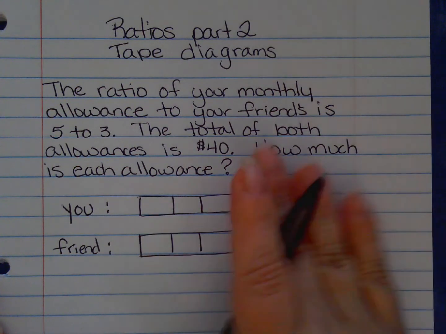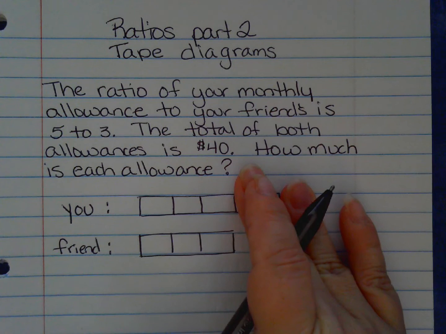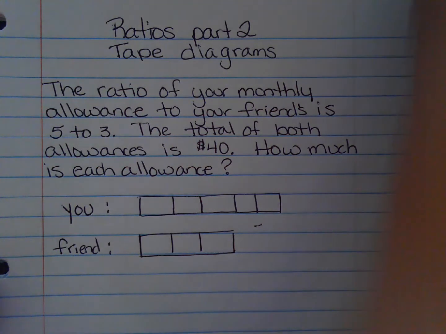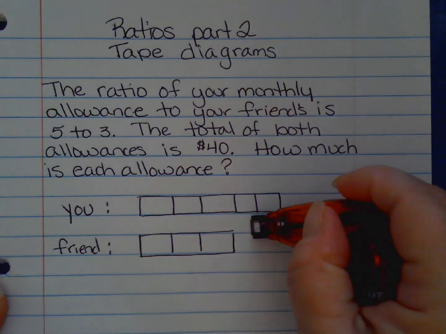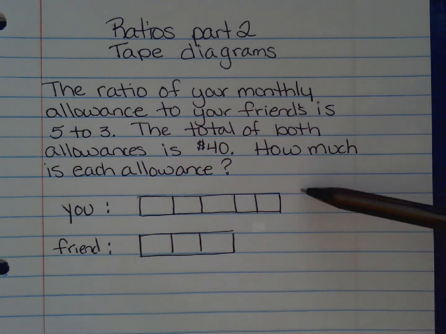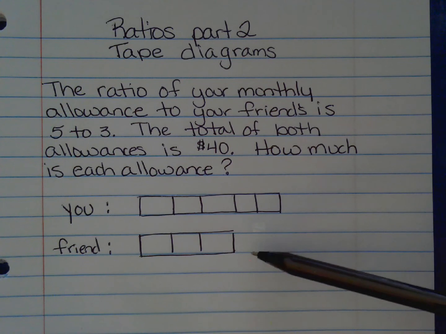I did that because see how it matches up to mine? Or yours, however you want to say it. All right, so now we have a tape diagram that represents you and your friend.